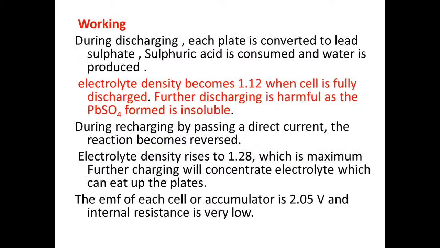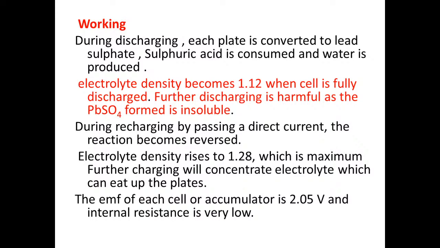Working during discharging, each plate is converted to lead sulfate, sulfuric acid is consumed and water is produced. Electrolyte density becomes 1.12 when cell is fully discharged. Further discharging is harmful as the lead sulfate formed is insoluble, so it will hinder the flow of current.